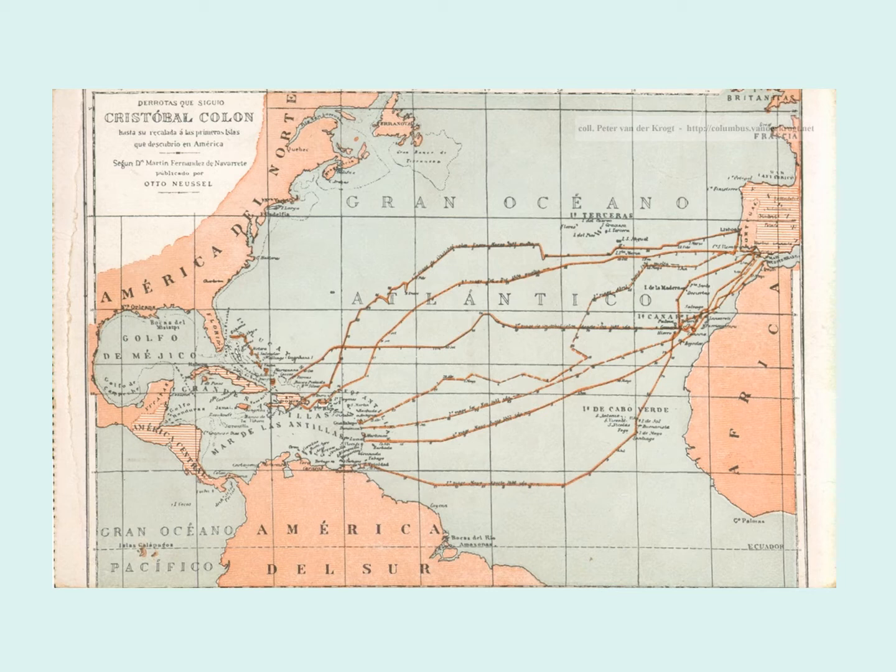They're trying to find an efficient all-water route to Asia so they can trade in gold and silver and spices and jewels and make a lot of money.